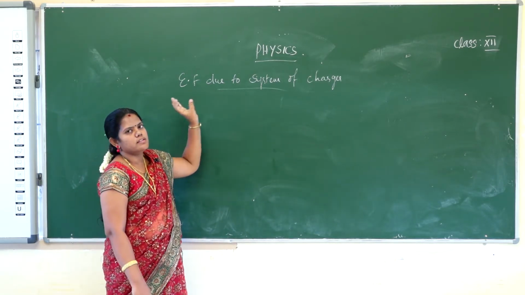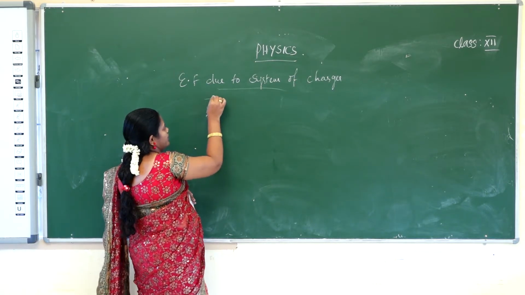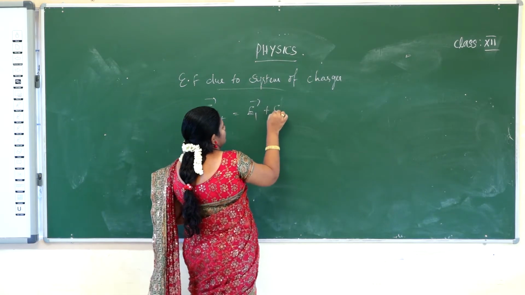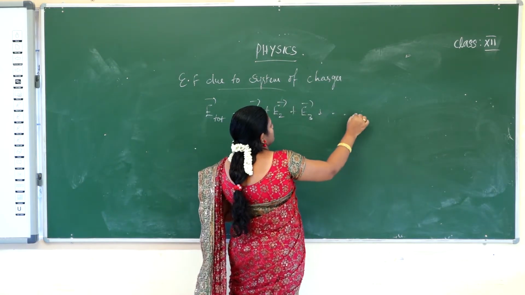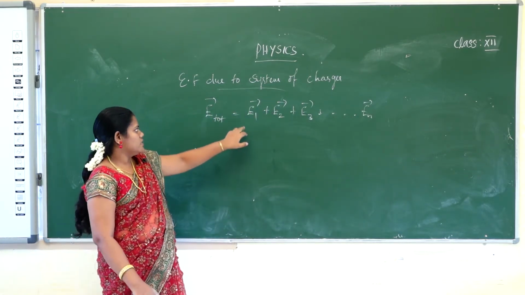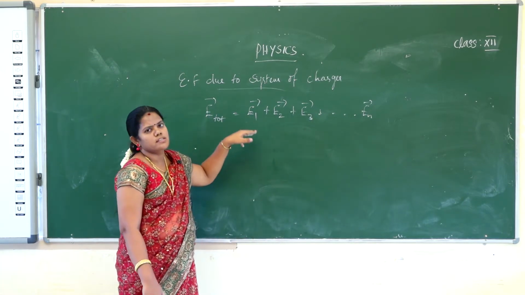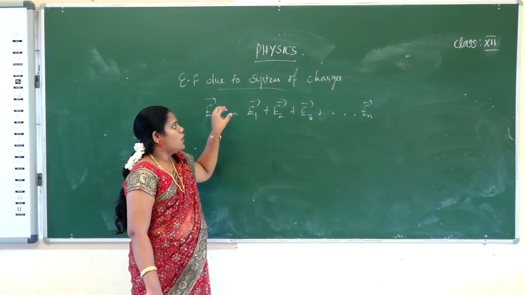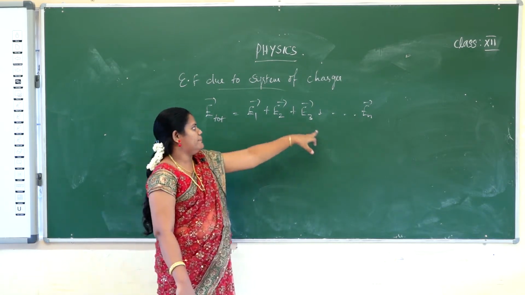How will you calculate the electric field? The total electric field E vector is equal to E1 vector plus E2 vector plus E3 vector up to En vector. By the superposition principle, the sum of all the fields gives the total field.